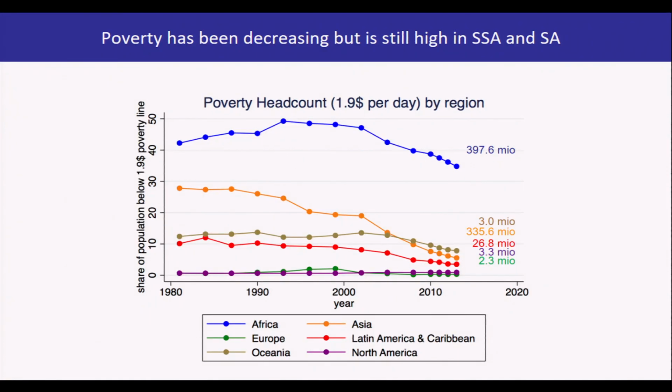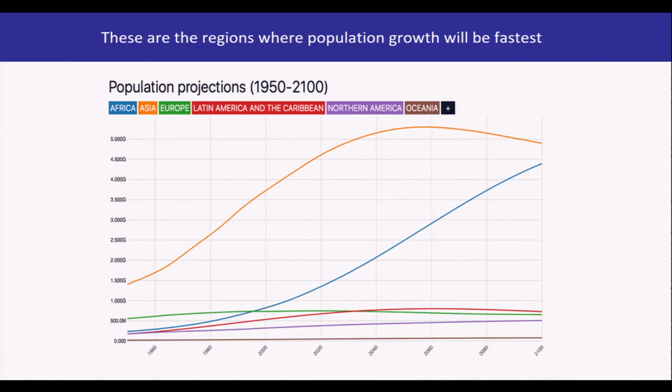And we know that poverty has been going down in percentages, but it remains very high in sub-Saharan Africa and to some extent in South Asia. Now, the reason that's important is because if you look at the population projections for population growth until 2100, you see that those are the two regions where the population is growing faster.